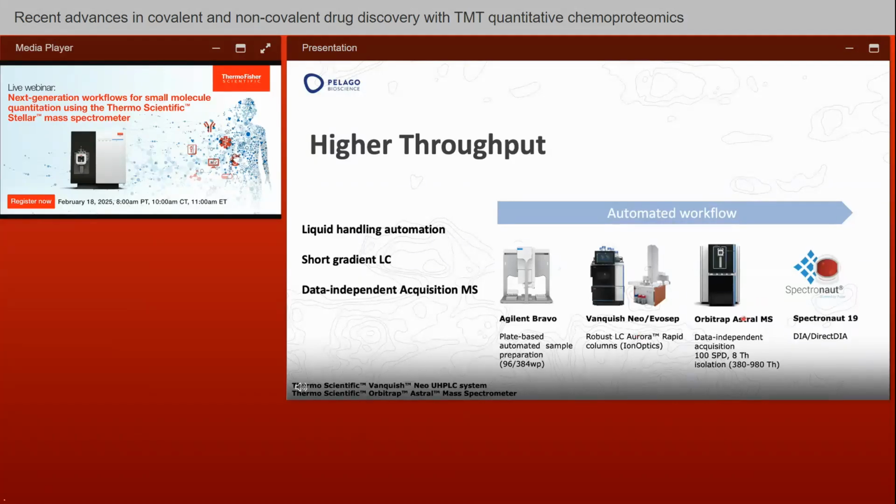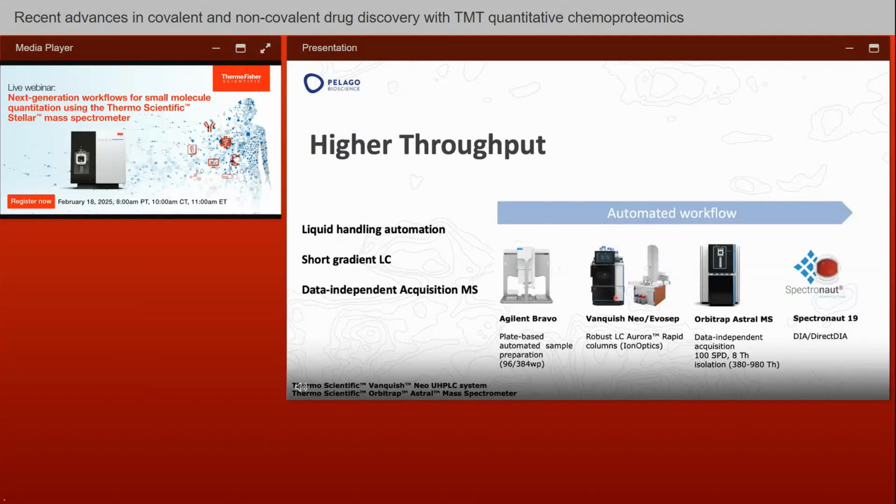And of course, we use the capabilities of the newly launched Orbitrap Astral mass spectrometer, working at super high speed in data acquisition mode, and recent advances in data analysis and bioinformatics, namely Spectronaut 19, which works nicely in both DIA and directDIA mode.